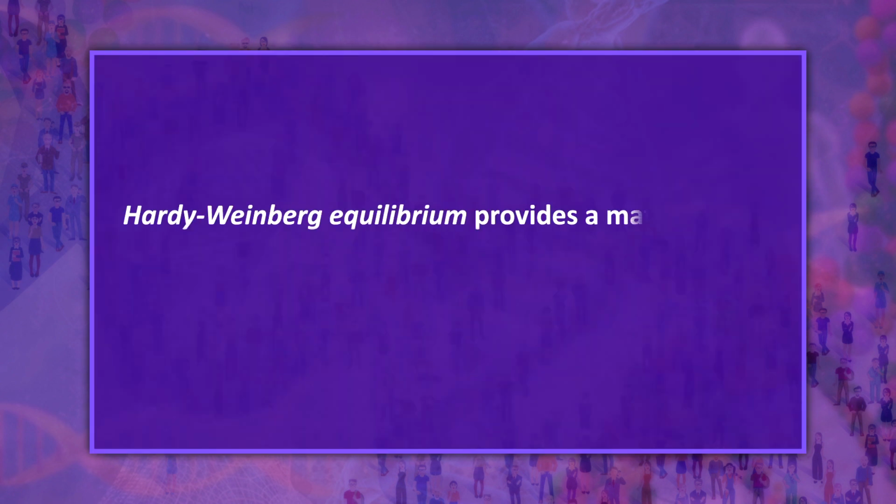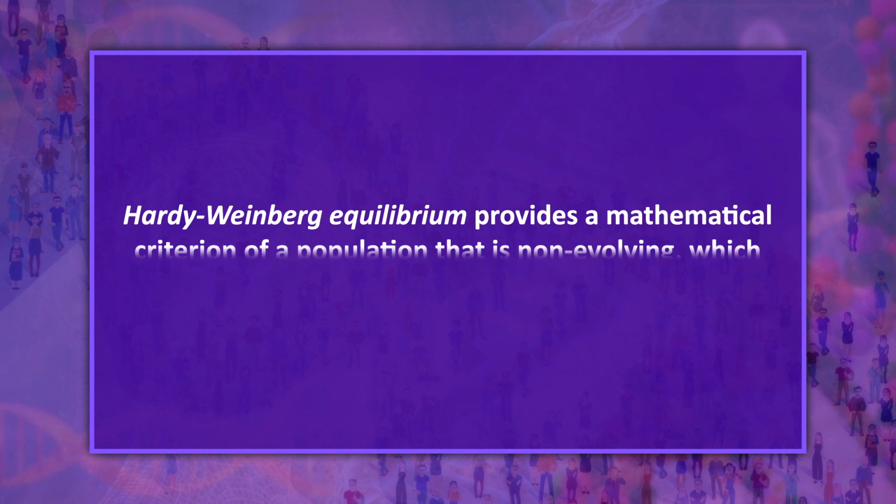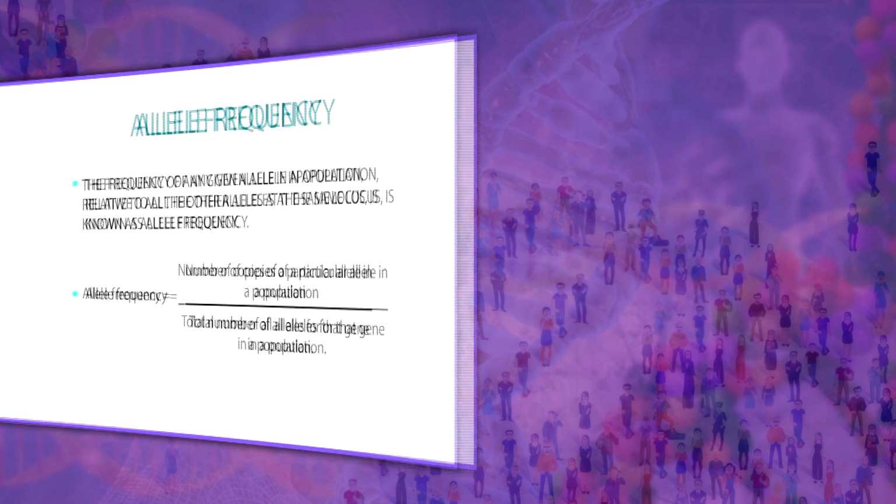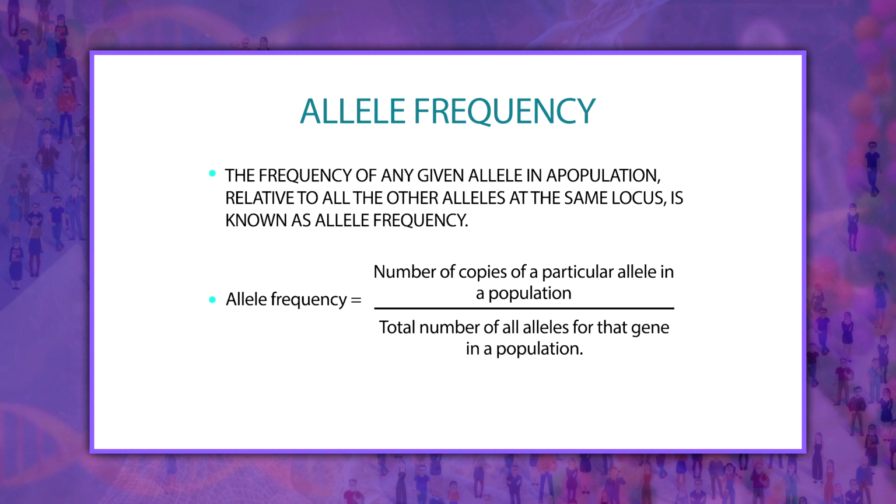The Hardy-Weinberg equilibrium provides a mathematical criterion of a non-evolving population, which can be compared to evolving populations. Over time, if the allele frequencies are noted and compared with the expected frequencies based on the Hardy-Weinberg principle, then the mechanisms that drive the evolution of the population can be hypothesized.